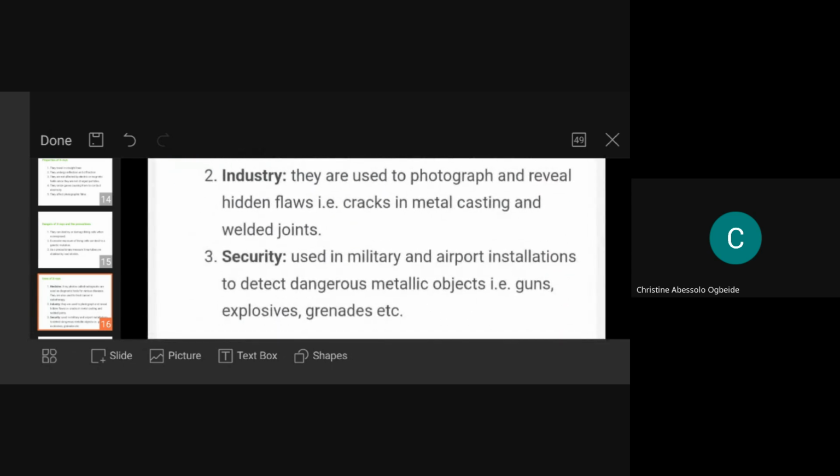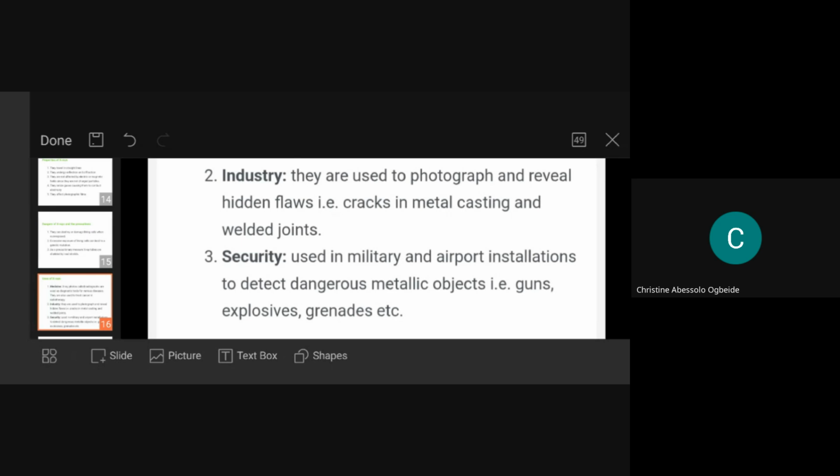So that is part of the industrial use of X-ray. And of course, in security, X-ray also has its application. It's used in military and airport installations to detect dangerous metallic objects. If you get to the airport, for instance, before those security measures you have to be checked.